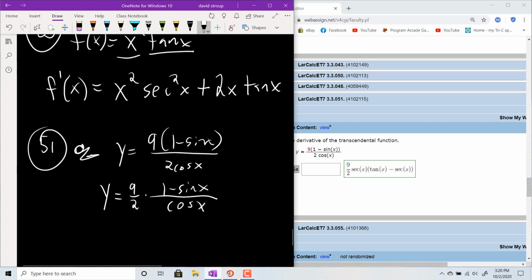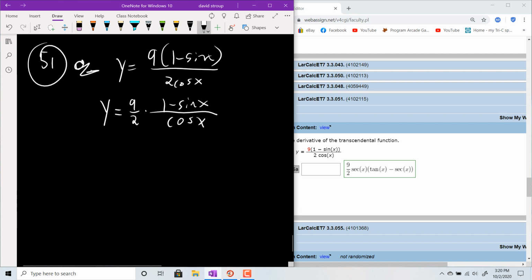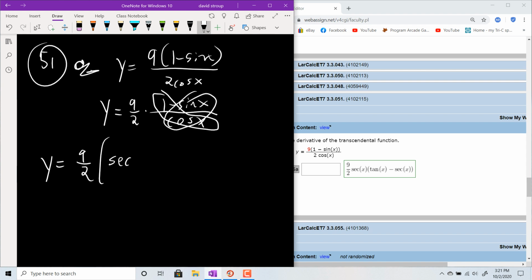And then you could simplify that to turn it into secants and tans. So this would be 9/2. And again, you're butterflying. So 1 over cosine, you know from trig, hopefully, is secant x, and then minus sine x over cosine x is tan x.